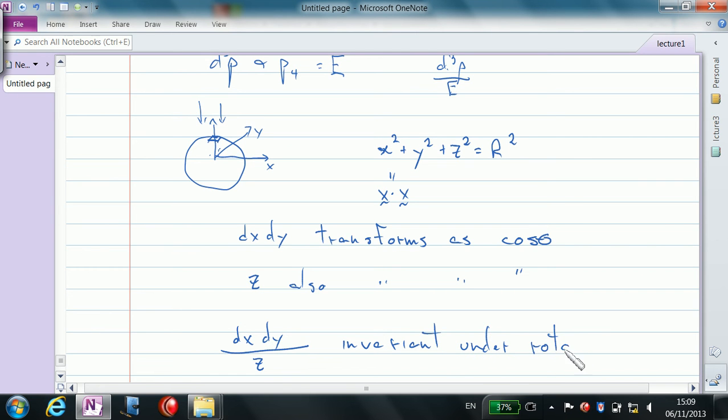Shouldn't it be dz? No. dz also transforms as cosine theta, but there are two differentials here. You're talking about the dz that, if I made a cube, would be perpendicular to the hypersurface, whereas this dx and dy are parallel to the hypersurface, and that's why.